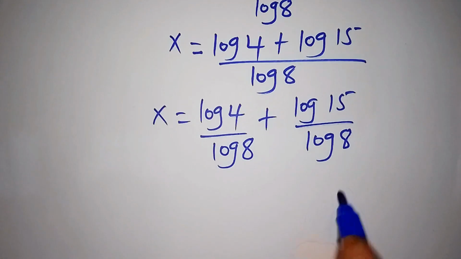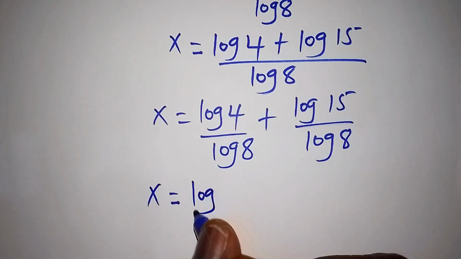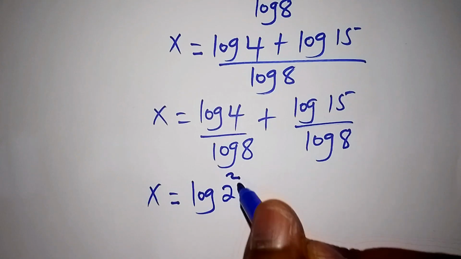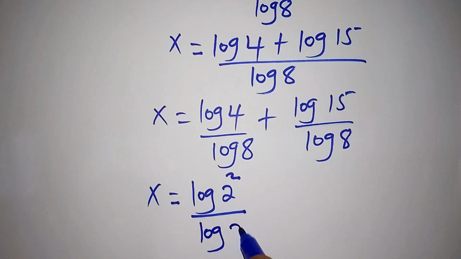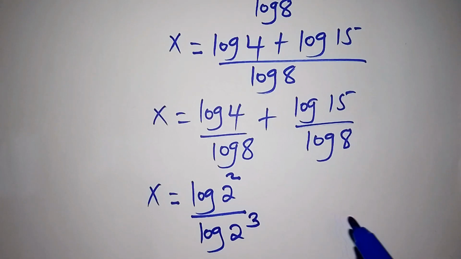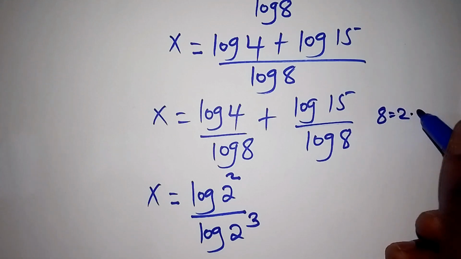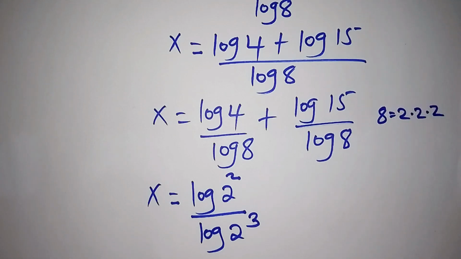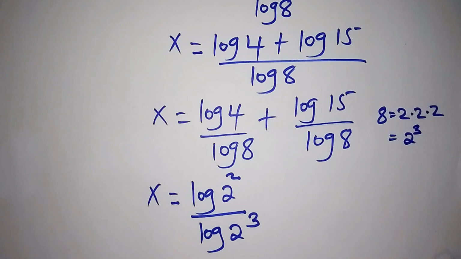So log 4 can also be written as the log of 2 to the power of 2, and log 8 can also be written as the log of 2 to the power of 3. The reason is that 8 is equal to 2 multiplied by 2 multiplied by 2, so that ends up as 2 to the power of 3.